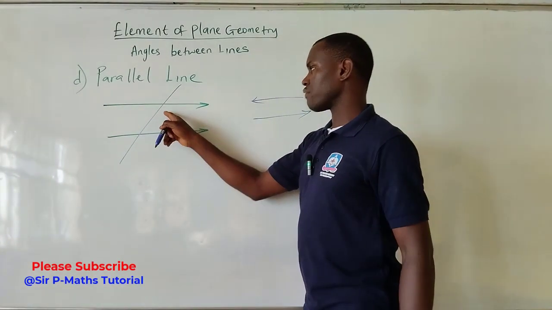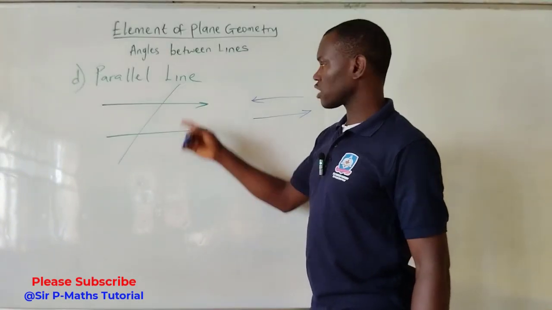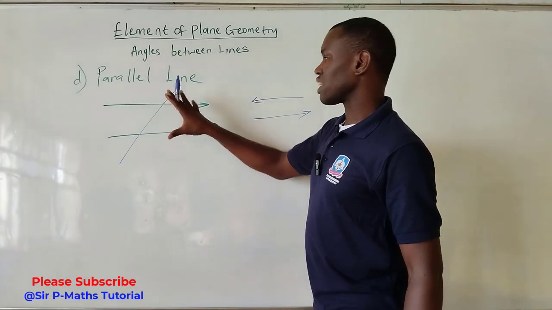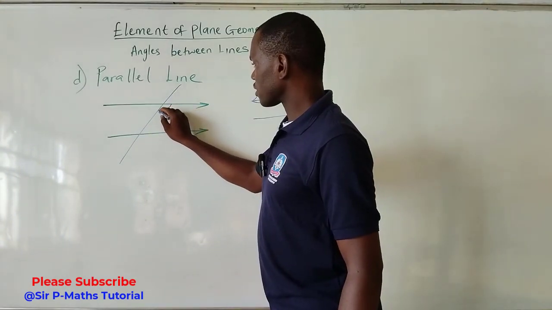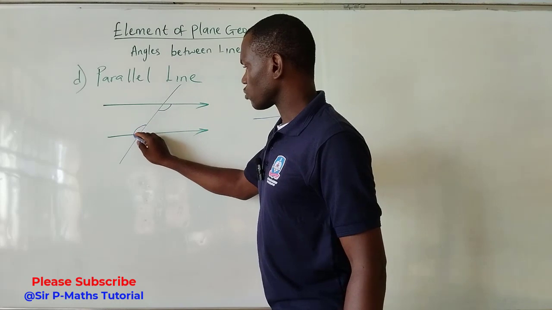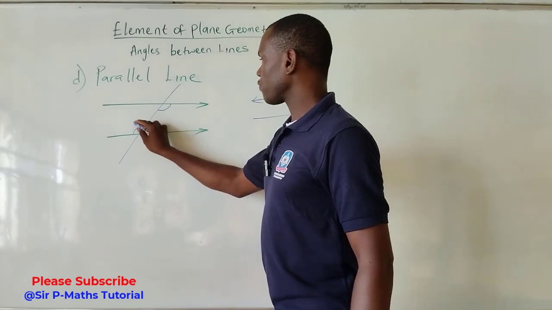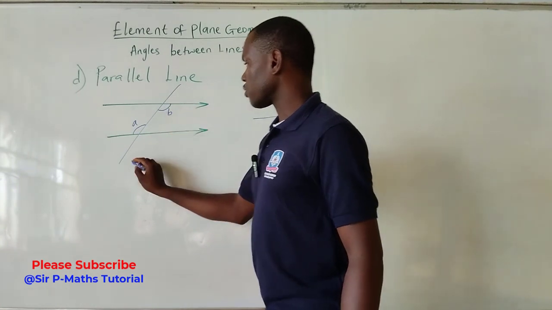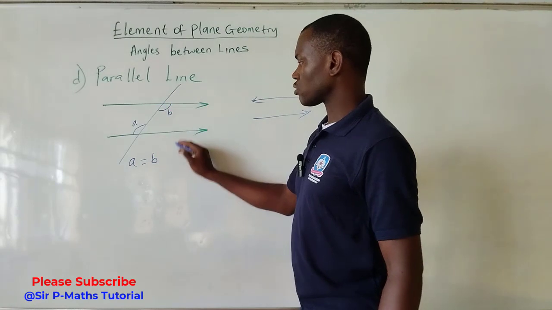And whenever we obtain a transversal on parallel lines, angles are formed. So let's consider the relationship between the angles that are formed on parallel lines. If an angle is formed inside here and here also, we say they are alternate and equal. If here is A and here is B, then A is equal to B. Take note, they are alternate.